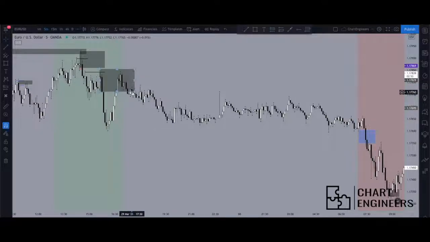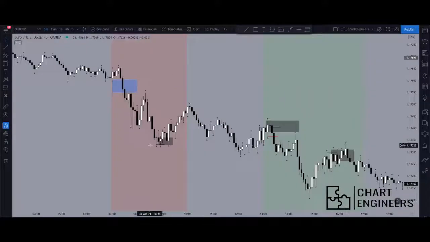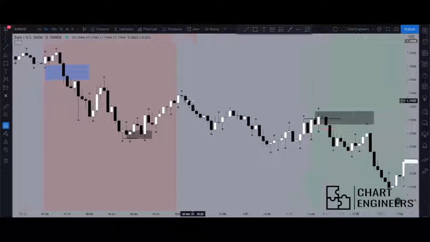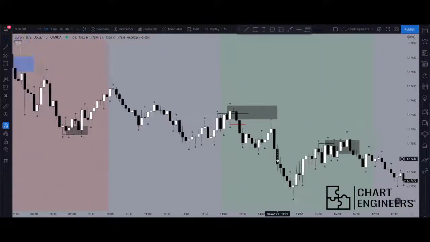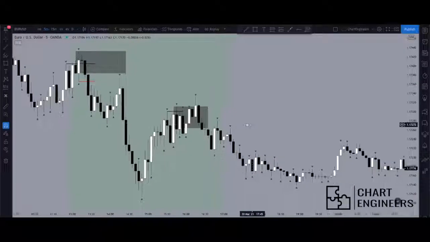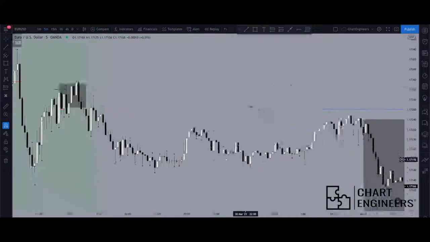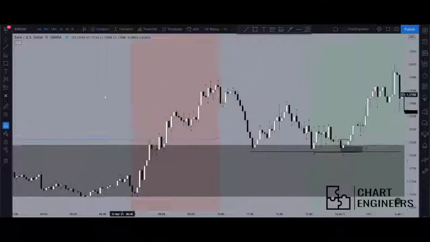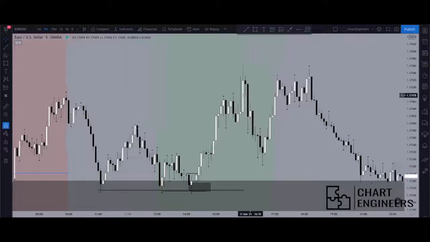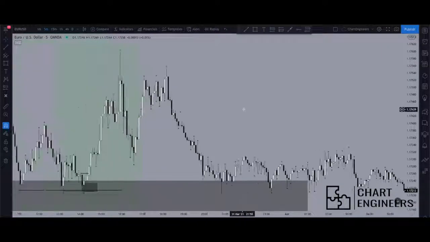That's another +3, so 9 R on Monday. Tuesday, another win over here, that's another +3, so that's 12. And then we have a loss over here, so -1, that's 11 R. Then the next day we got no entries on the Wednesday, so you just stay at +11 R.